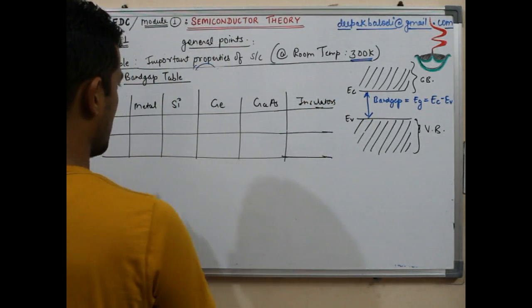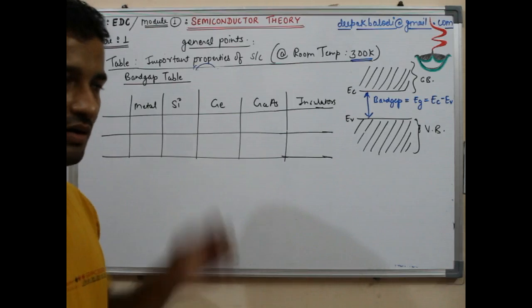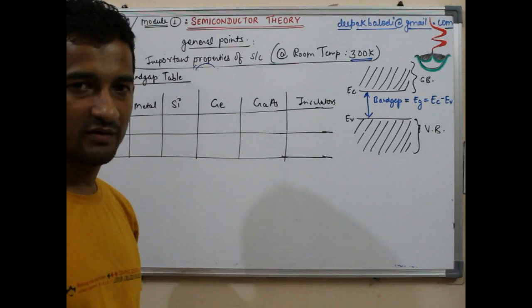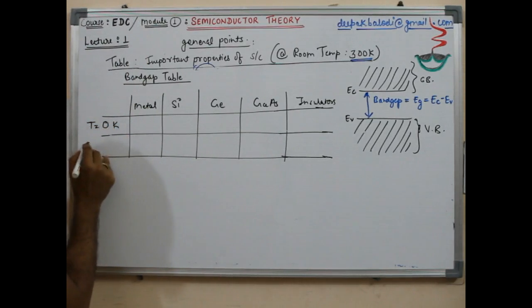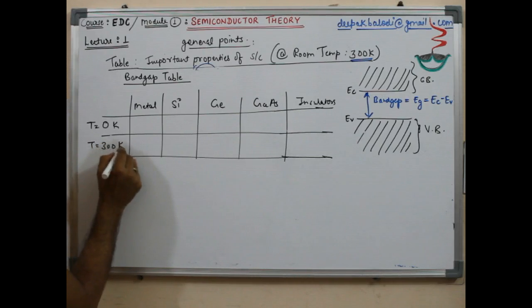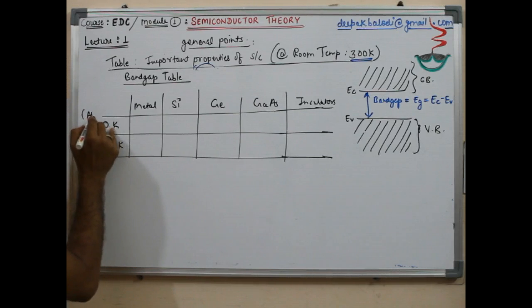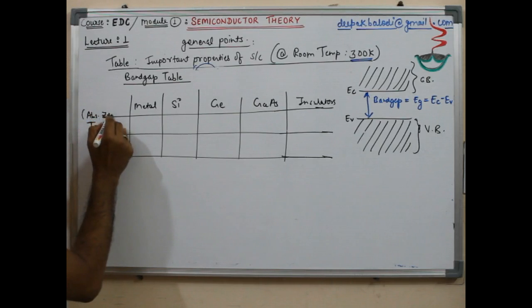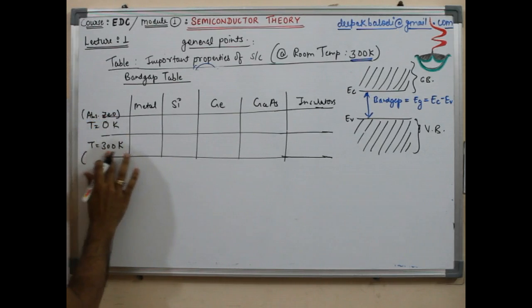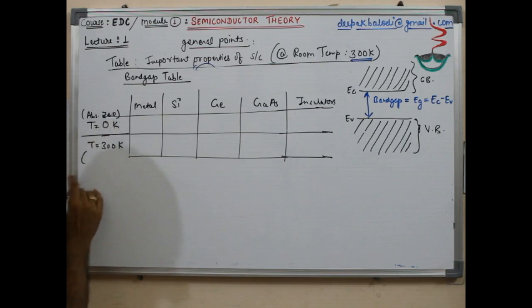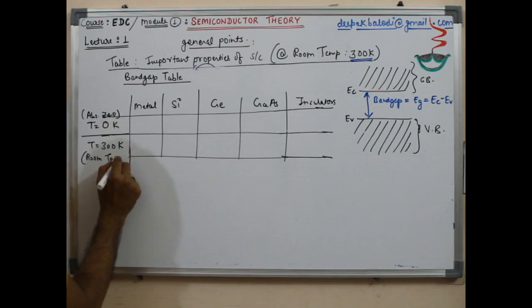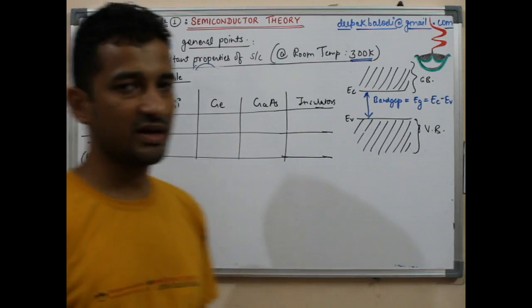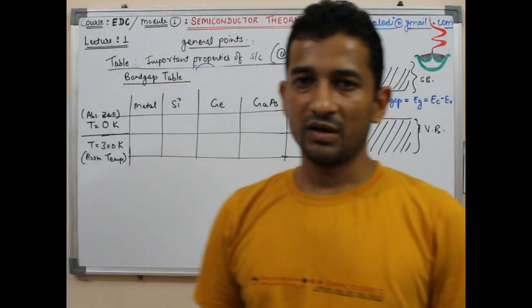And let us only focus on some important temperatures. The very first important temperature is absolute zero, meaning T equals 0 Kelvin, or room temperature. So this one is called absolute zero, and this one is room temperature.